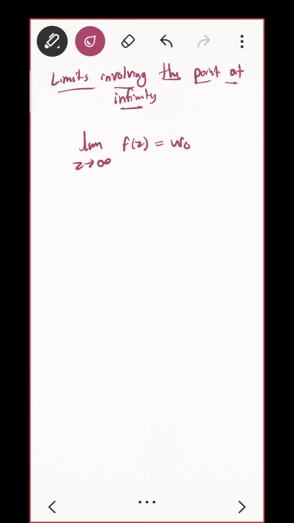If you remember from sequences, it is the same, tending to infinity. Yes, anyone?